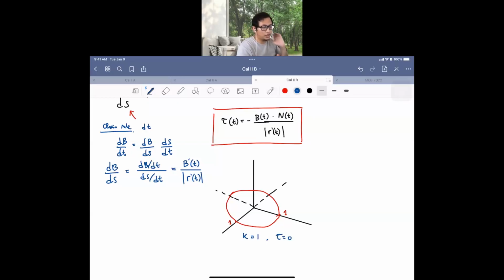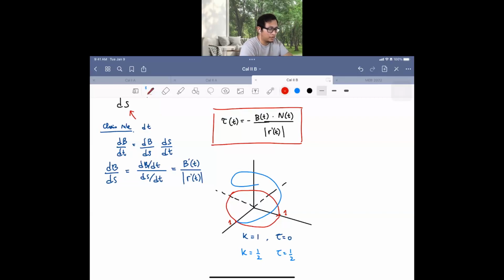But if we take the curvature as half and the torsion as half for this helix, we are going to have some bending. So it will go through here, go through here, go through here.